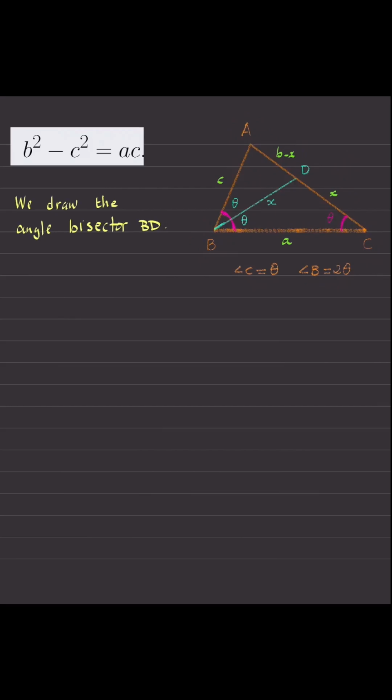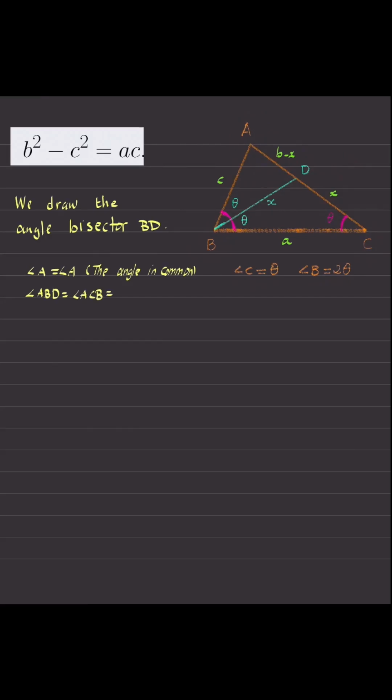So we have to write it down. I would say that angle A is equal to angle A, the angle in common, and then angle ABD from the smaller triangle is equal to angle ACB.